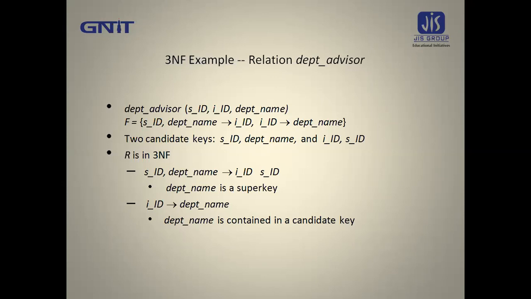So having two candidate keys, SID department name and IID SID, we can see that R, the given relation, is in 3NF because of the two functional dependencies. In the first one, SID department name is a super key, and in the second one, department name is contained in a candidate key.